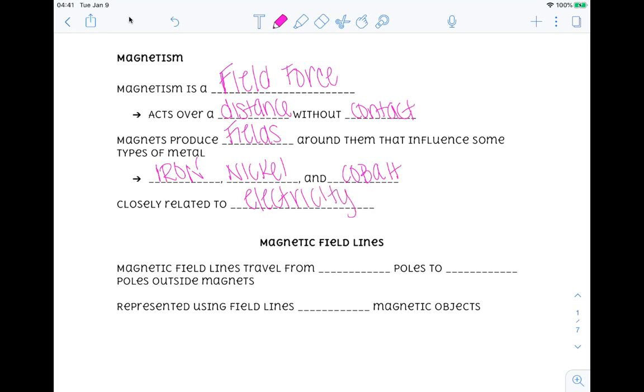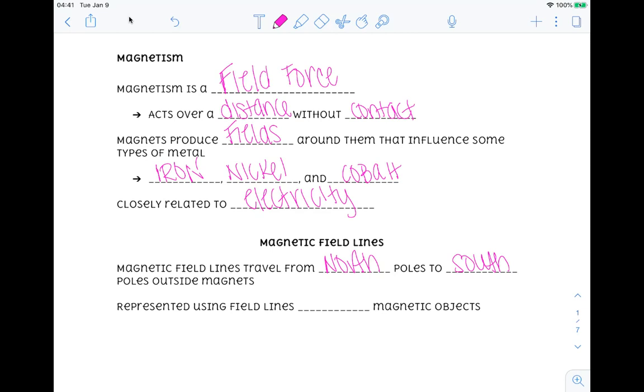And these magnetic fields, when we create them, we're able to draw them as different field diagrams. These field diagrams have field lines that travel from the North Pole to the South Pole. Just like in electricity, if you take a positively charged test charge and place it around different charges, we can see the way the electric field map will be.